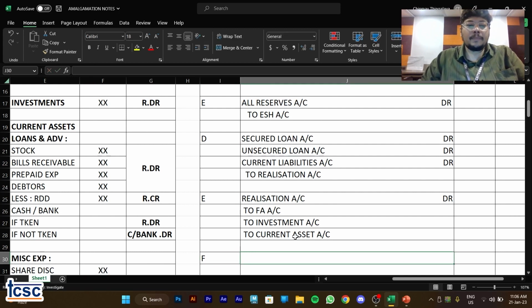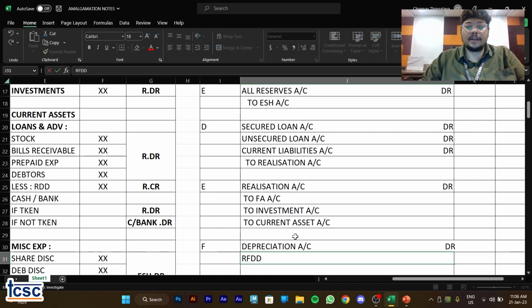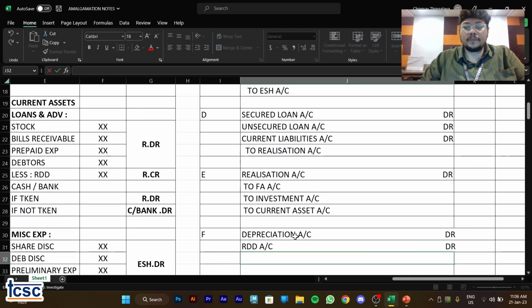Next, depreciation and RDD, which have a specific disclosure, we will be transferring to realization account credit. So depreciation account debit, RDD account debit, to realization account.